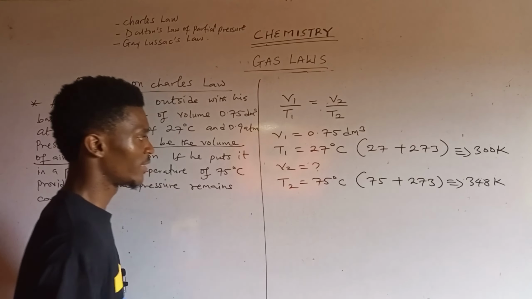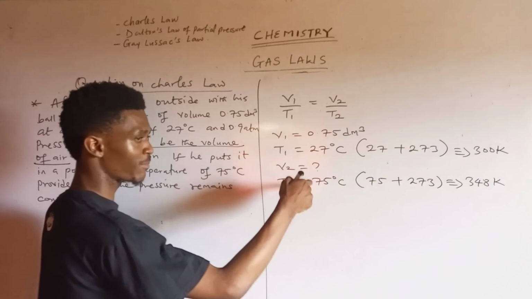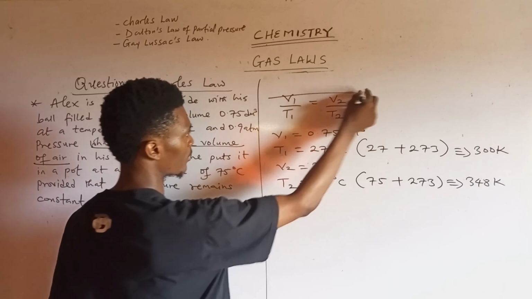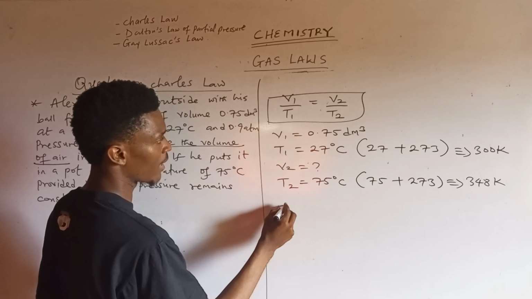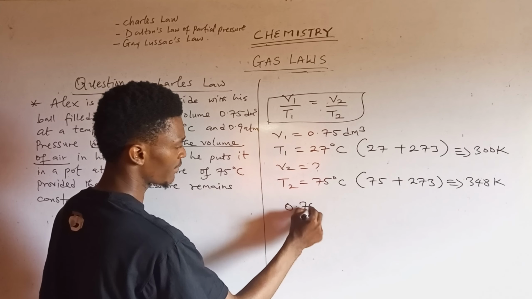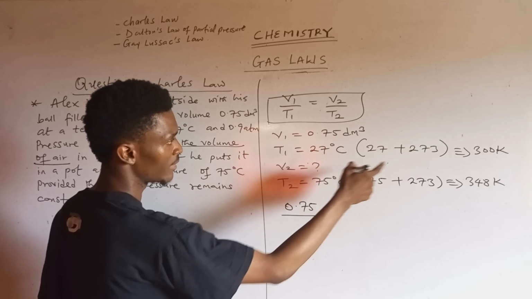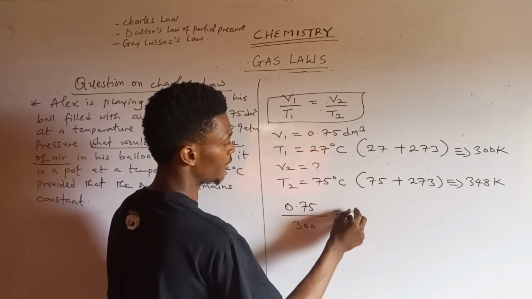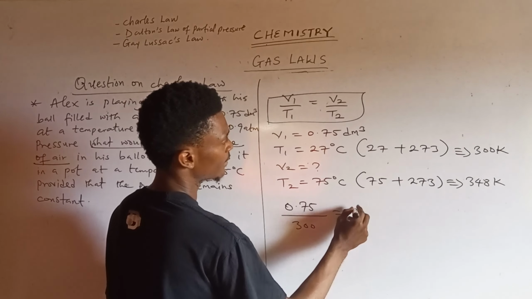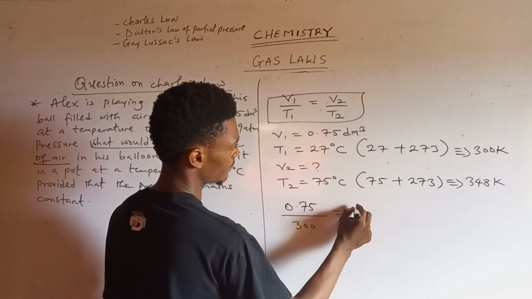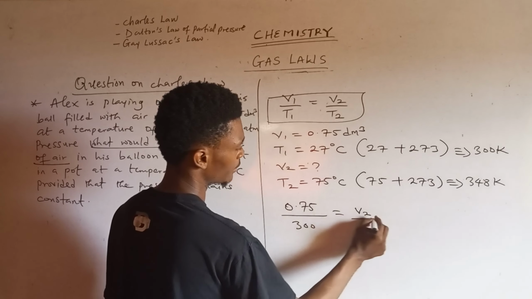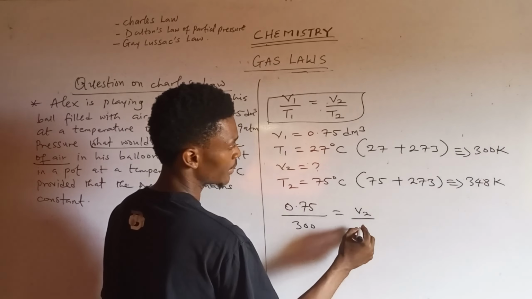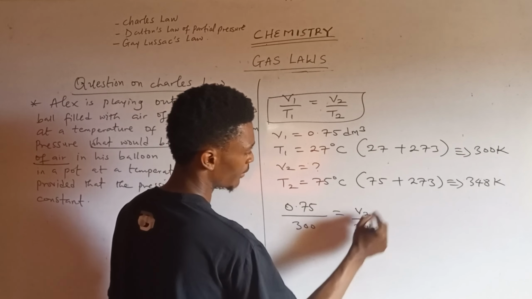All right. So then let's plug all these parameters into the formula, which is this one. So it becomes V1, our V1 is 0.75, over T1, we are now going to work with that 300, equal to V2, which is now unknown, over T2, which is 348.